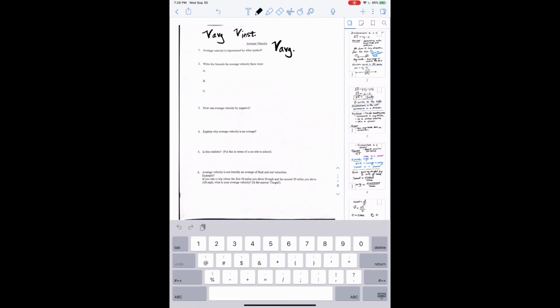So v average is equal to delta x over delta t. We can say v average is equal to delta x over t. I don't always write the deltas on my t's. We can say v average is equal to displacement over time.